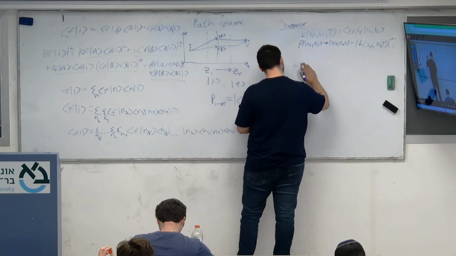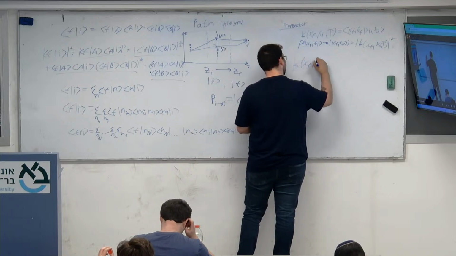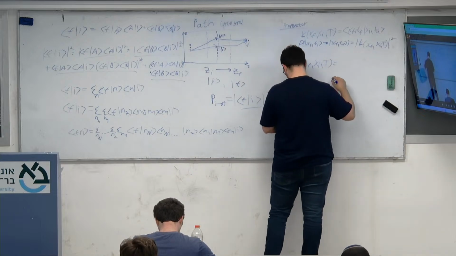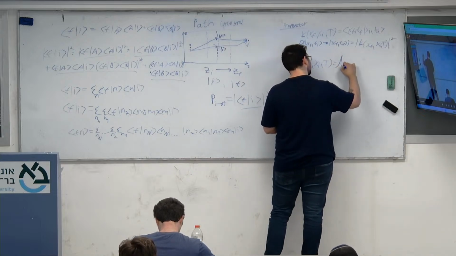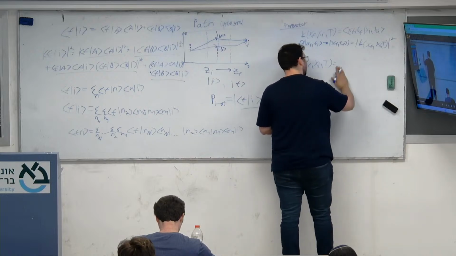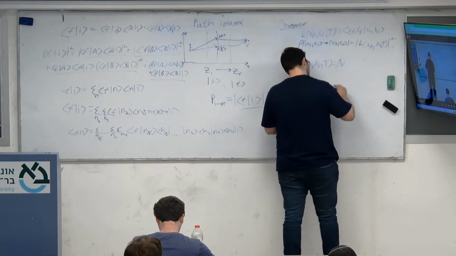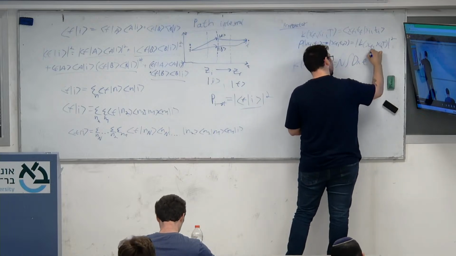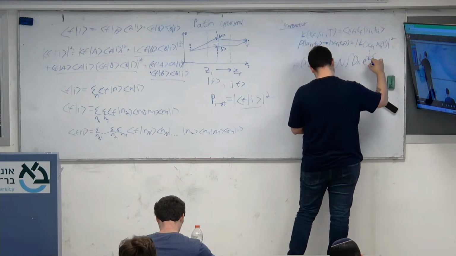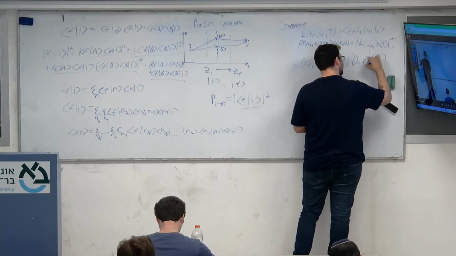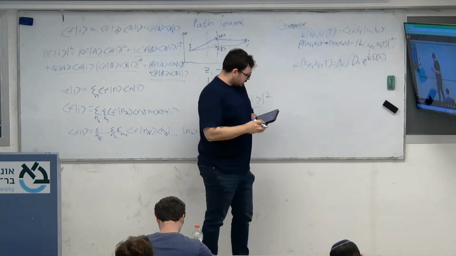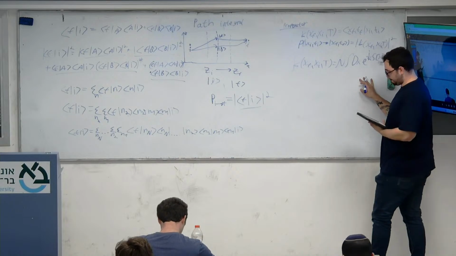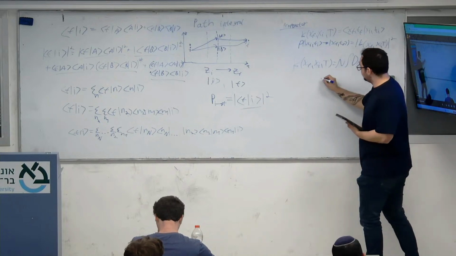K of X F, X I, T equal to, I'm just going to write, D X, e to the I divided by h bar, S of F X. Okay. Just an explanation on this equation right here. S is the action.